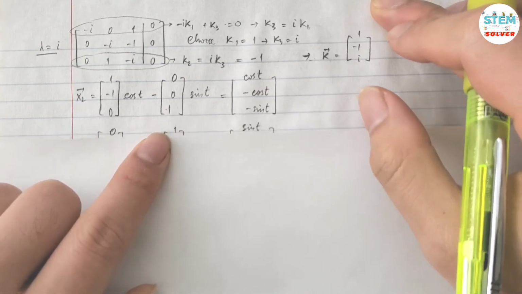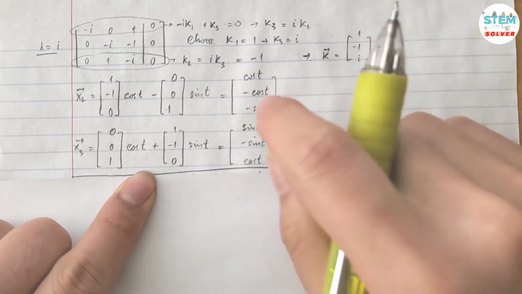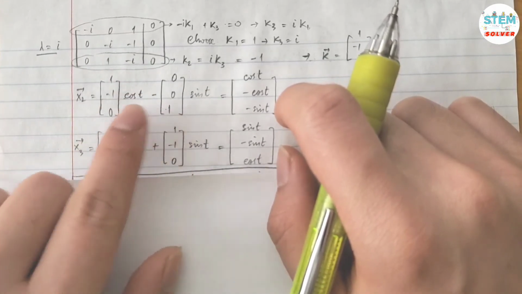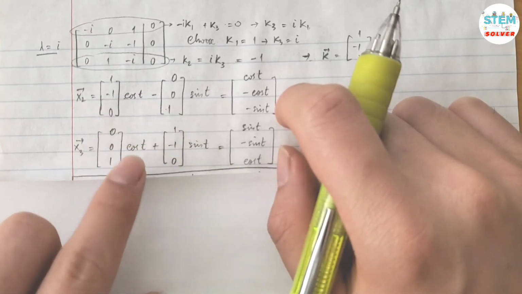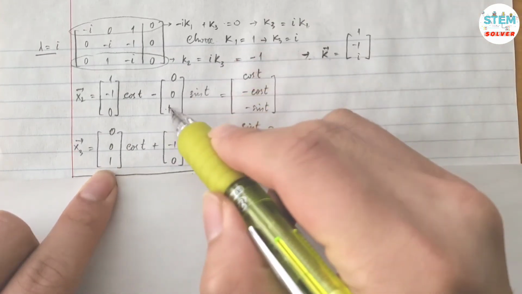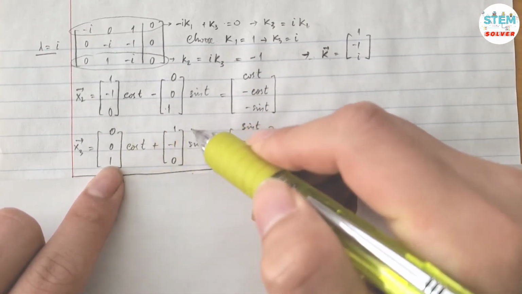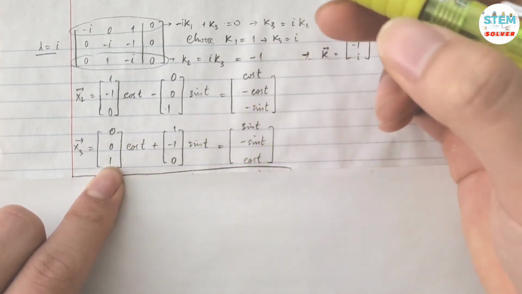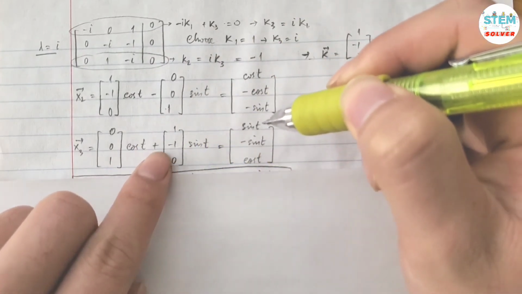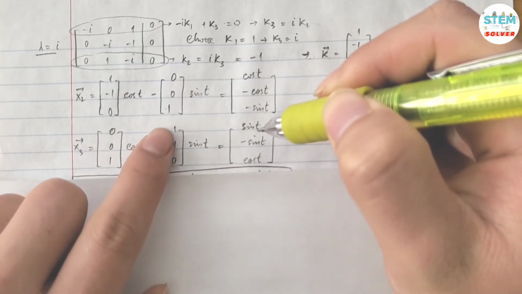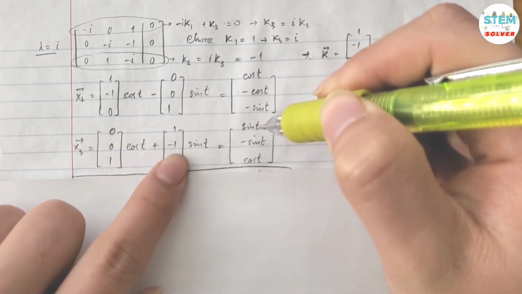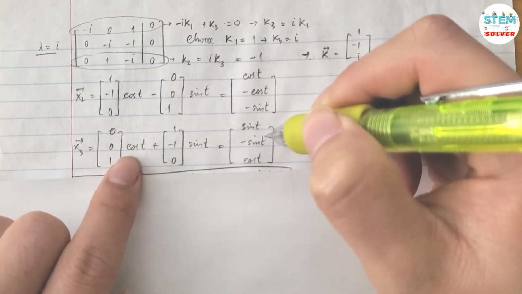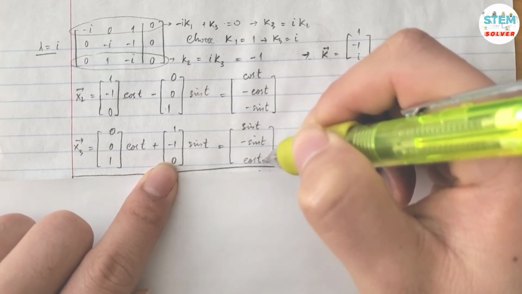That's my vector x2. For our vector x3, you keep the real and imaginary parts the same, change the sign of this one, and switch these two vectors. Simplify it, that gives you 0 plus sine t, which is sine t, 0 plus negative sine t, which is negative sine t, and then cosine t plus 0, which is cosine t.